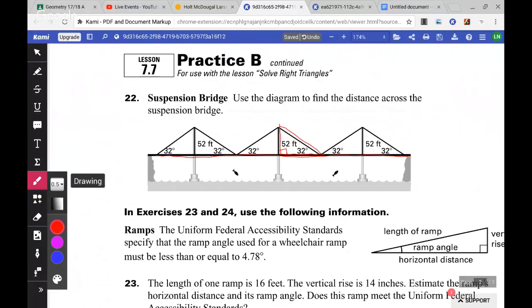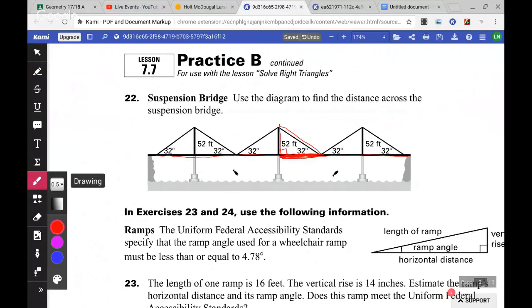We know that the height of the bridge, that leg of the triangle, is 52. We have a 32-degree angle and a right angle. If we want to find the length across the bridge, what we're interested in is this piece down here, right? Yes, ma'am. How can we find that?